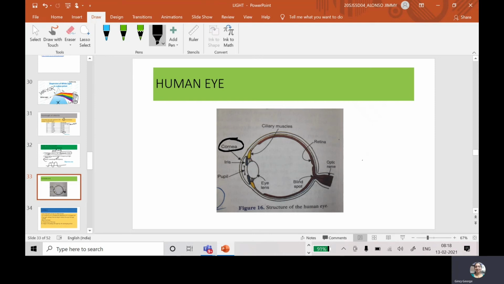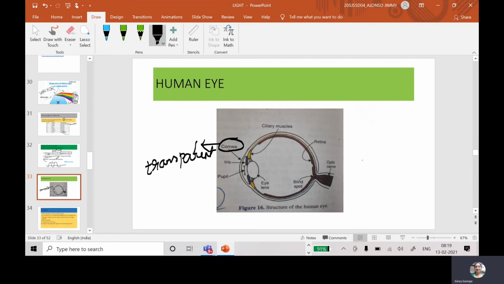The front part of the eye is called the cornea. This is the first part. The cornea is made up of a transparent substance. What is the reason? You have learned about transparent, translucent, and opaque in your 6th standard, right?